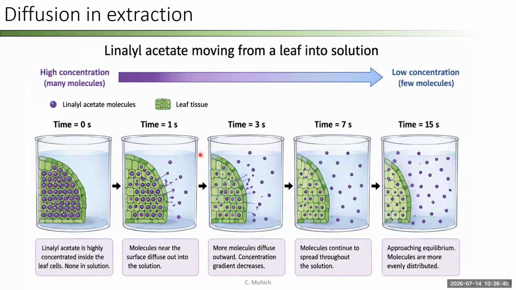Okay? So we can think about this not necessarily just with X, but in terms of our plant molecules. Let's take an example of linalyl acetate moving from our lavender leaf into solution. Initially, we have these linalyl acetate molecules sitting within the leaf.